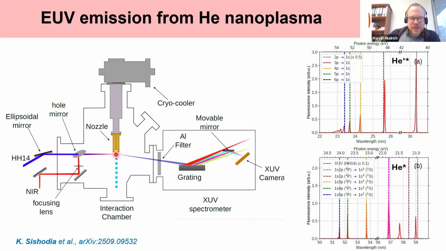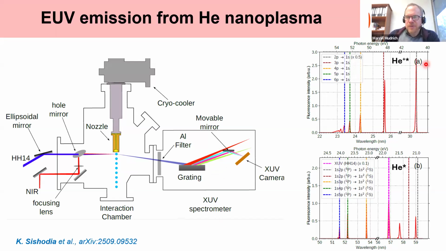In that case, we didn't detect ions or electrons, but we actually wanted to detect XUV radiation emitted by these droplets. And indeed, when we ionize these droplets and create a nanoplasma, a lot of XUV radiation is emitted, which was then spectrally dispersed on an XUV spectrometer.